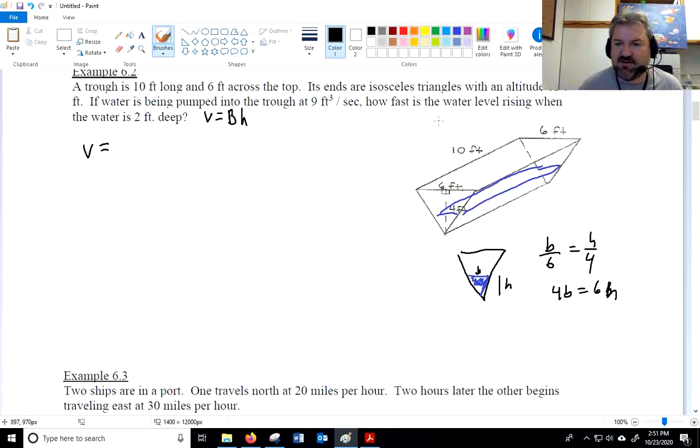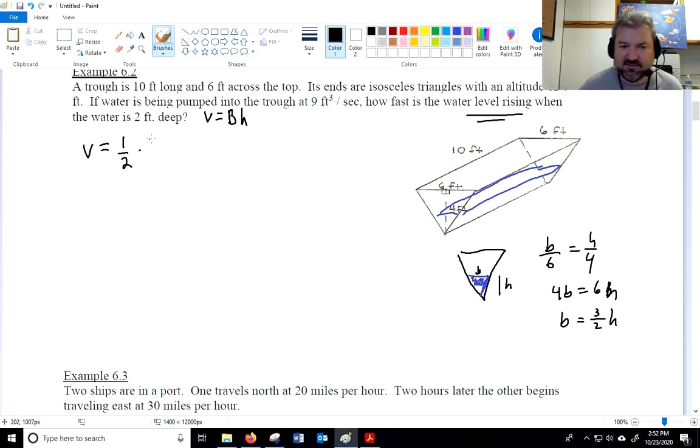We want to know how fast the water level is rising. So H is the water level, and I need to solve for B. So B is going to be equal to 3 halves H. Okay, so volume is 1 half times the area of the base, which is 1 half little base times height.